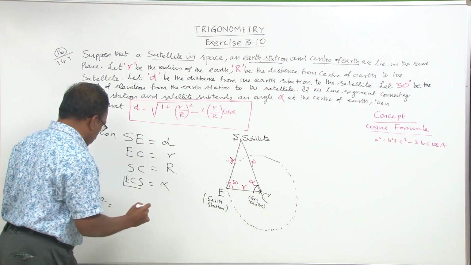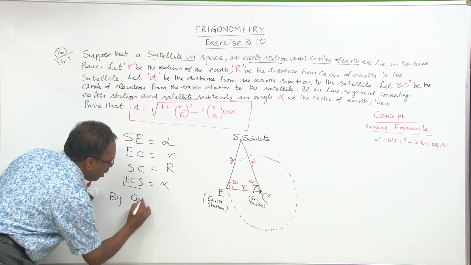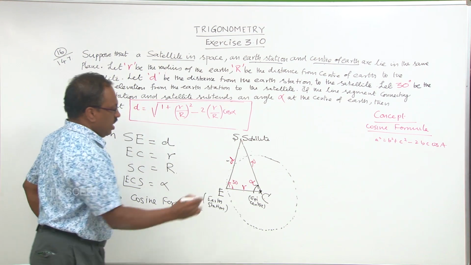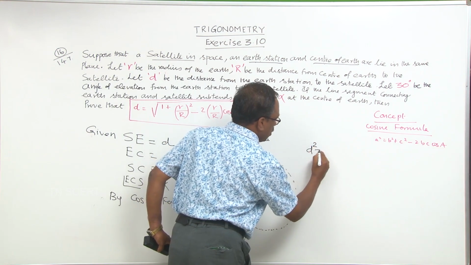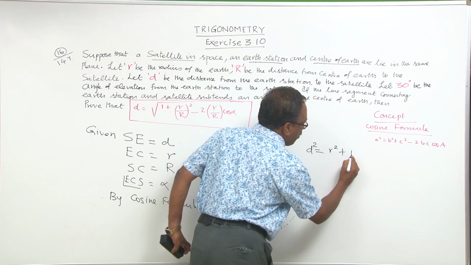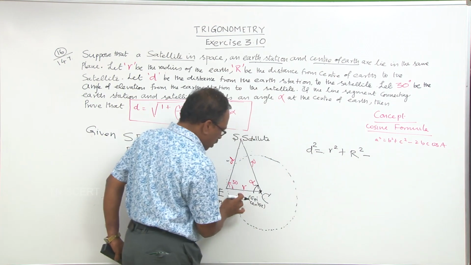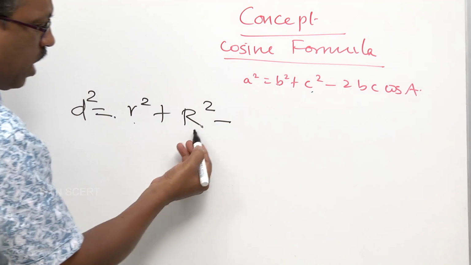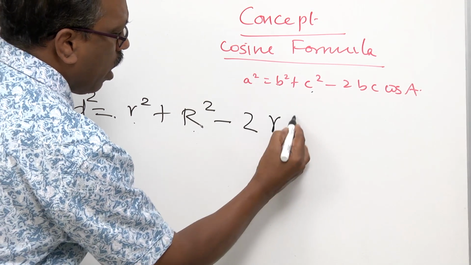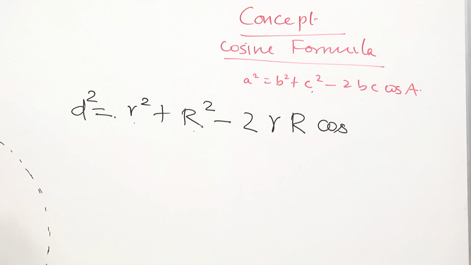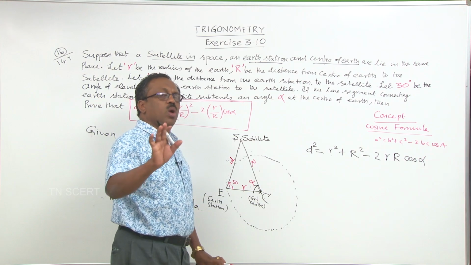By the cosine formula, d square is equal to r square plus capital R square minus 2 into small r into capital R cos of the included angle, which is alpha here. So why is this 30 degree given? It is given, but we are not applying it now.